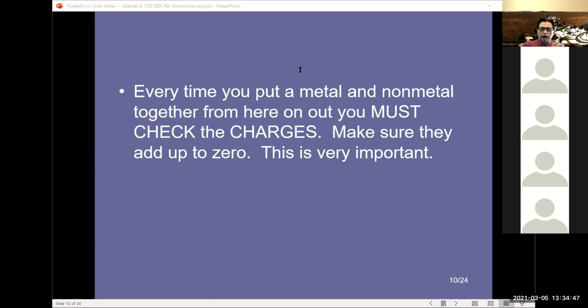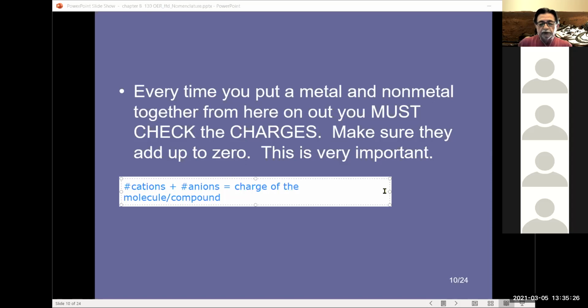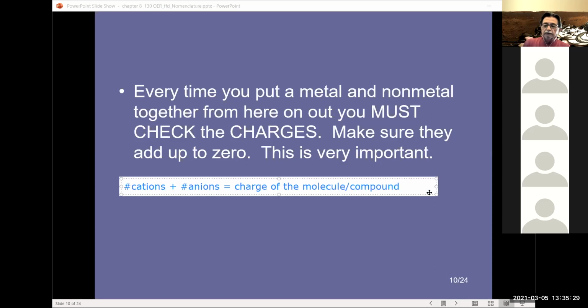But like I was stating, a more accurate equation, I think, would be if you say that the number of cations, remember those are the ones with the plus charges, plus the number of anions, those are the ones with the negative charges, equal the charge of the molecule or compound. Okay. And if you use this general formula, it will encompass a lot of situations.